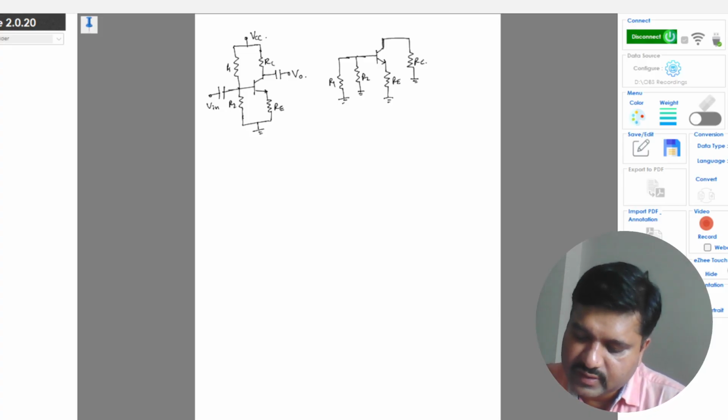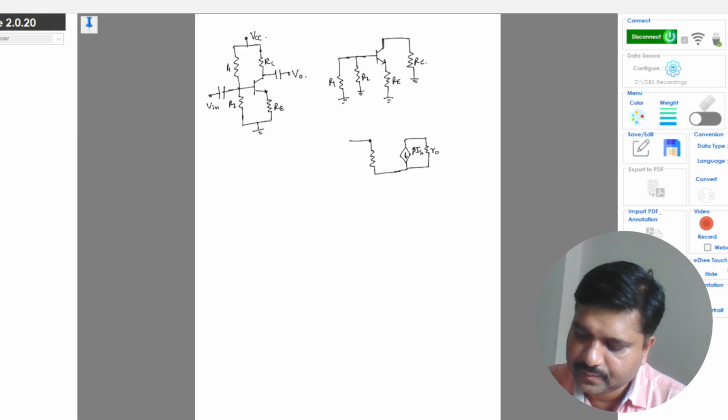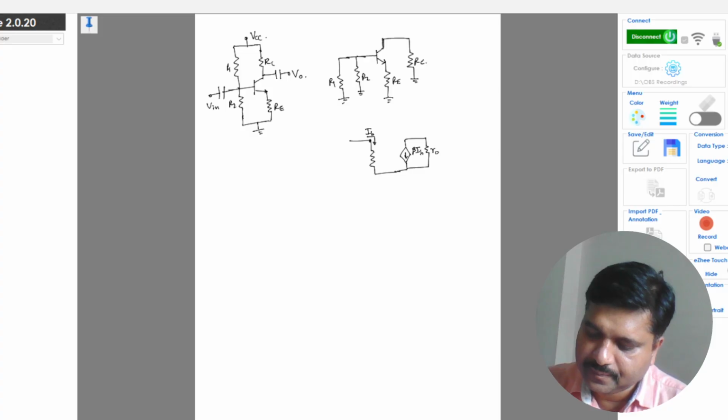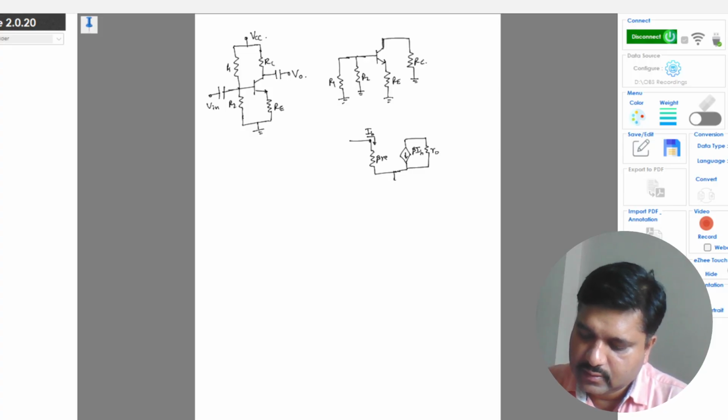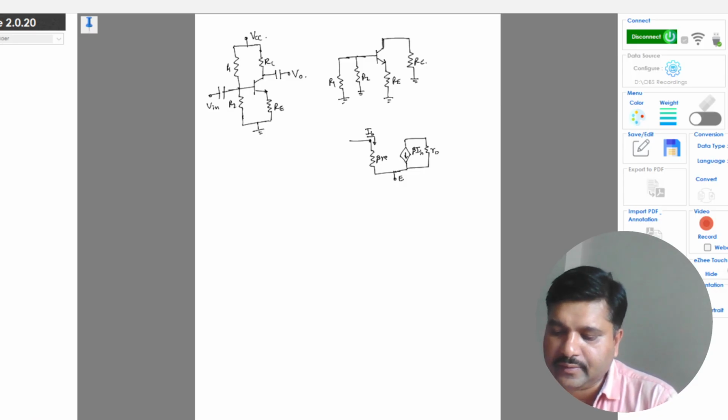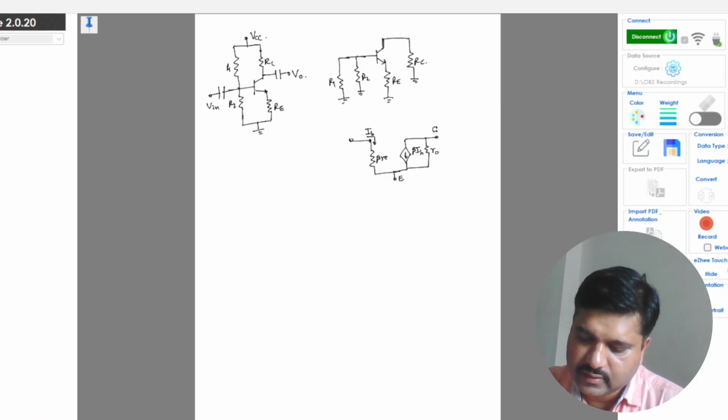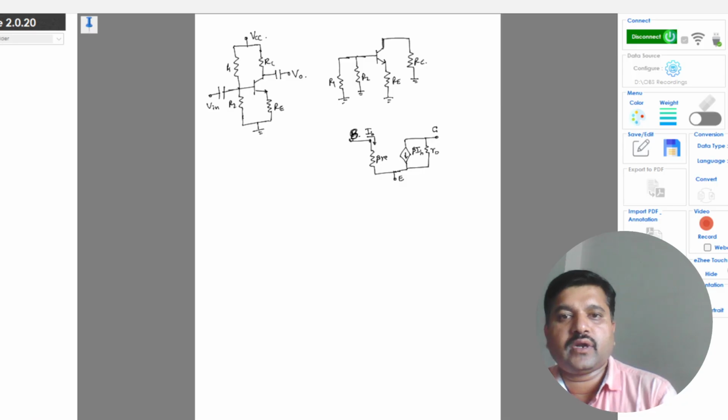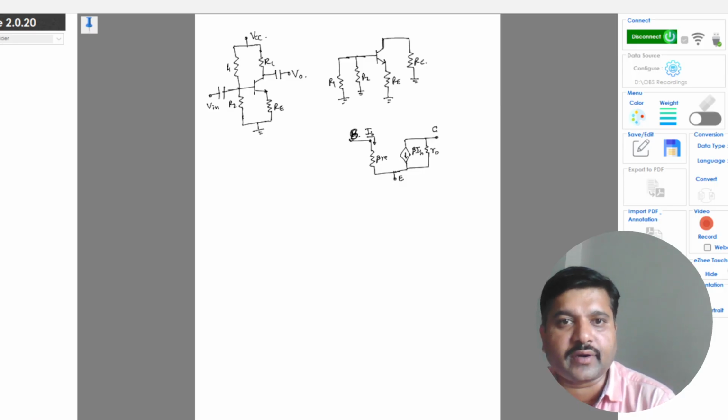Okay, and writing the small signal model, I will start it only for the transistor. So this is the current and this is R0, beta IB, this is IB, beta RE. So this is the emitter terminal. Okay, so this is the collector and this is the base. Okay, so now this is the small signal model for only the transistor represented as a two-port network.